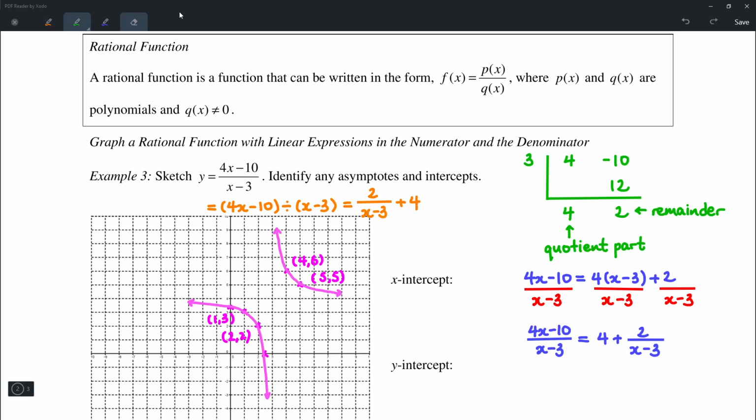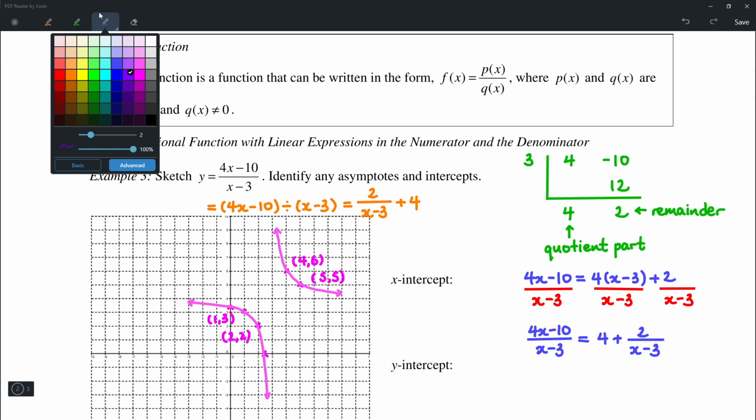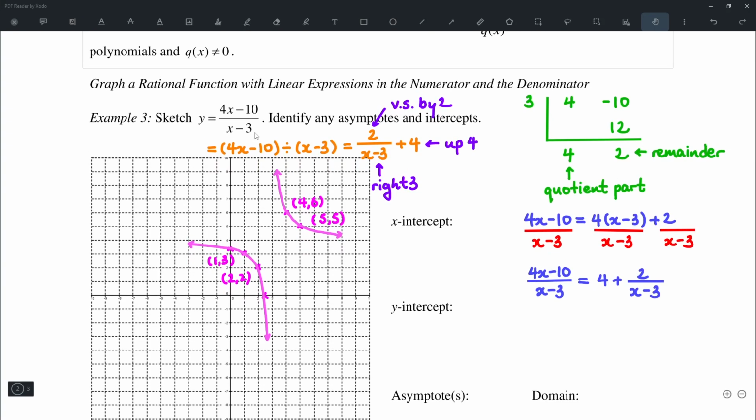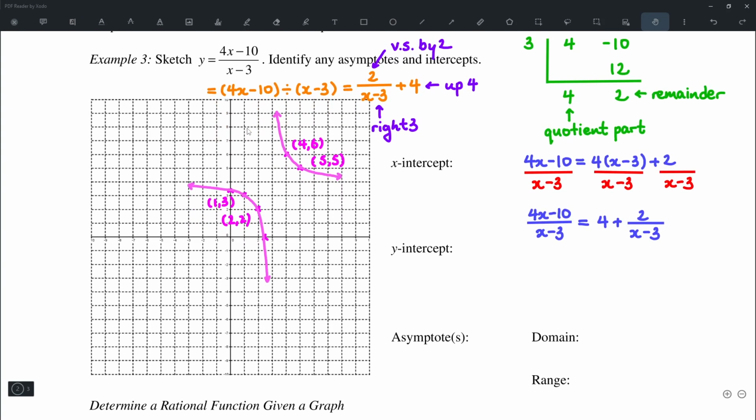And of course, that means we have something just like the previous example. We have a vertical stretch by 2. The graph is moved right 3 spaces and up 4 spaces. So we can find our asymptotes.